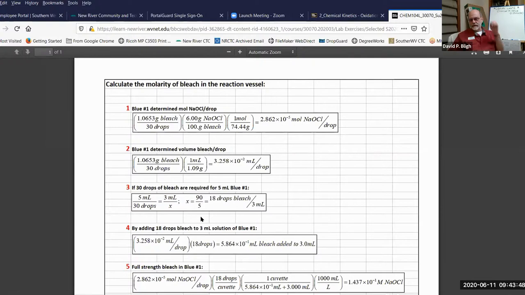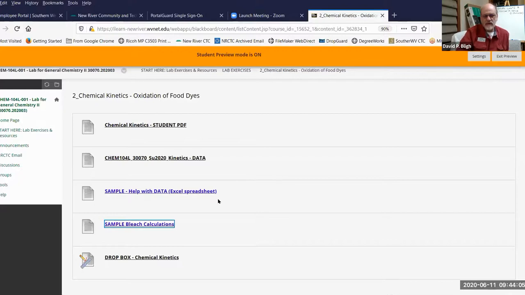Later I'll show you what the significance of those values is in terms of developing the rate law. Okay, so there you'll have all the information you'll need to complete the report.